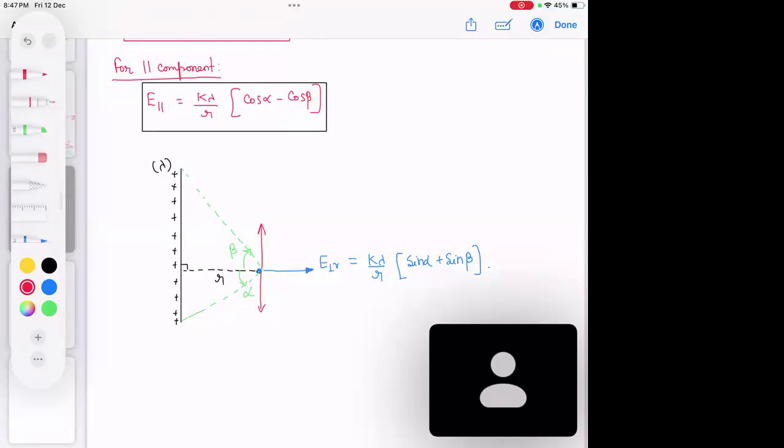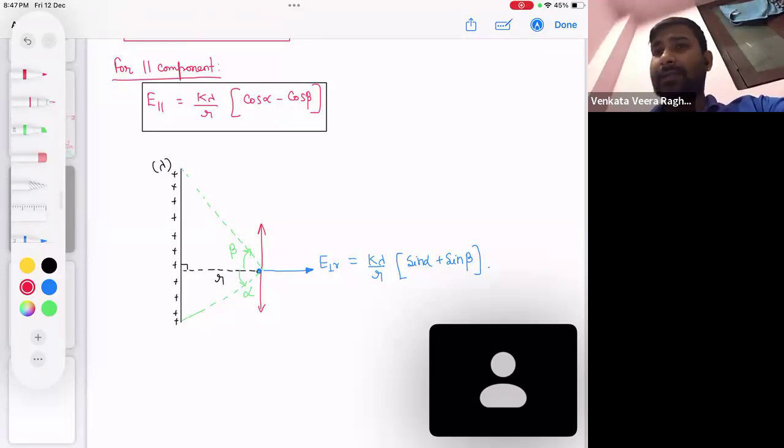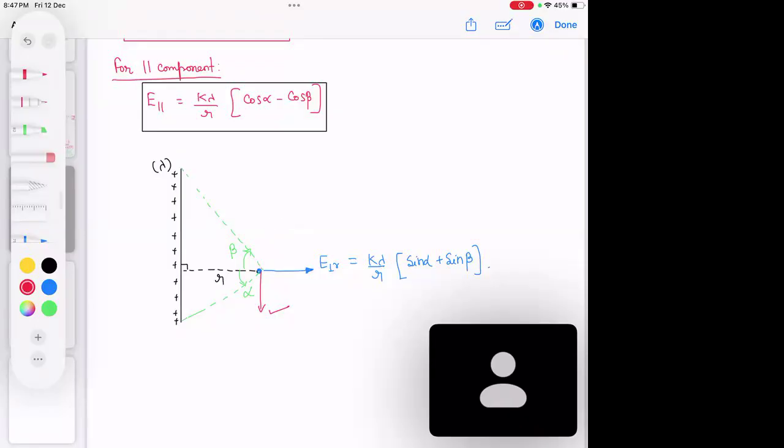Away from the wire. Parallel component: whether this line is the correct direction or this one? See, sir, for the point above the rod, it's the above one, and for the point below, that one.